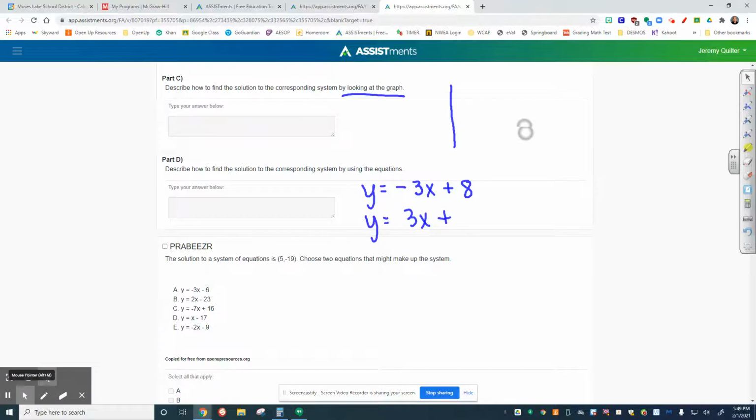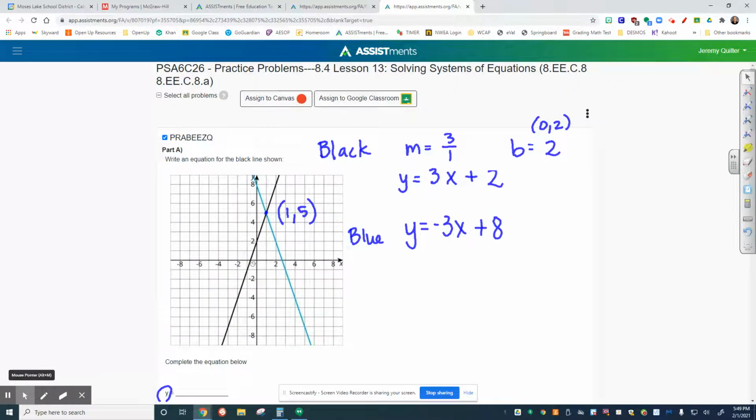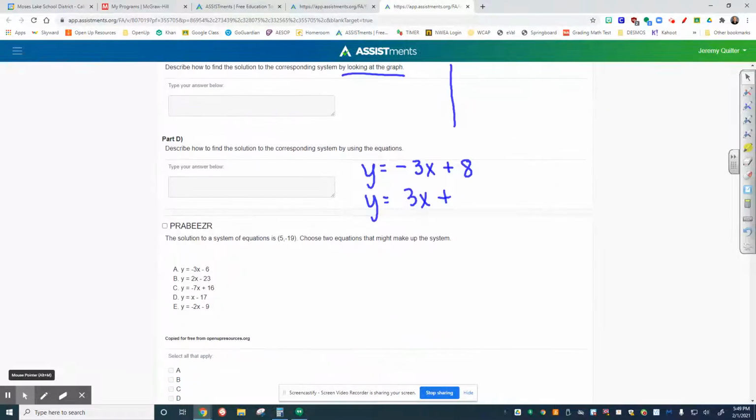I'm just going to verify so I don't write the wrong thing. Good. So plus 2. Now, how can I know? Well, what I'm asking is, at what point are these two equations that are on the same coordinate plane equal? And the fact is they are equal right here.